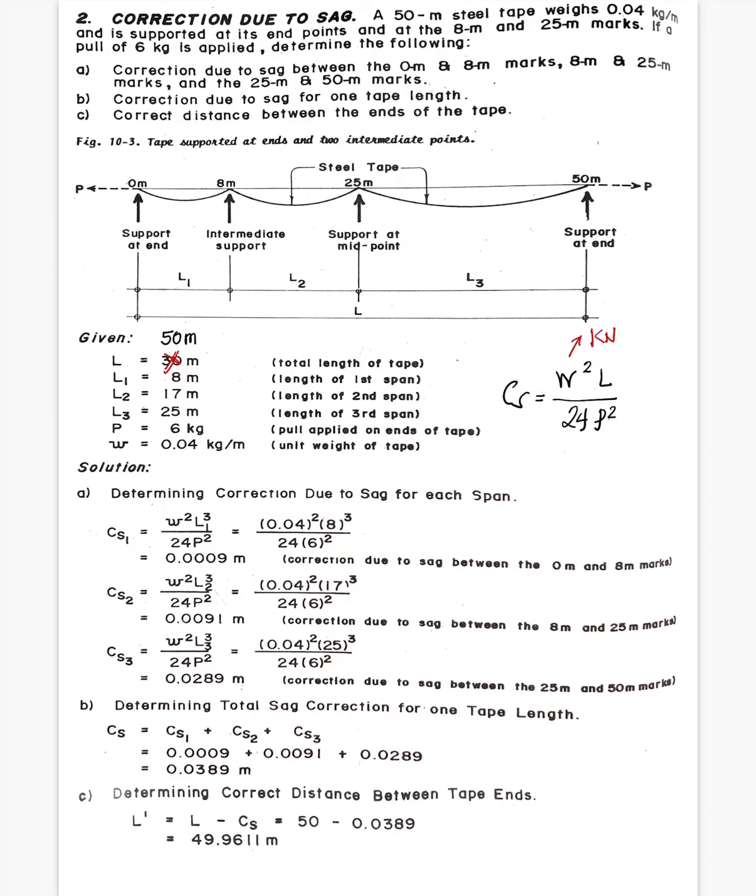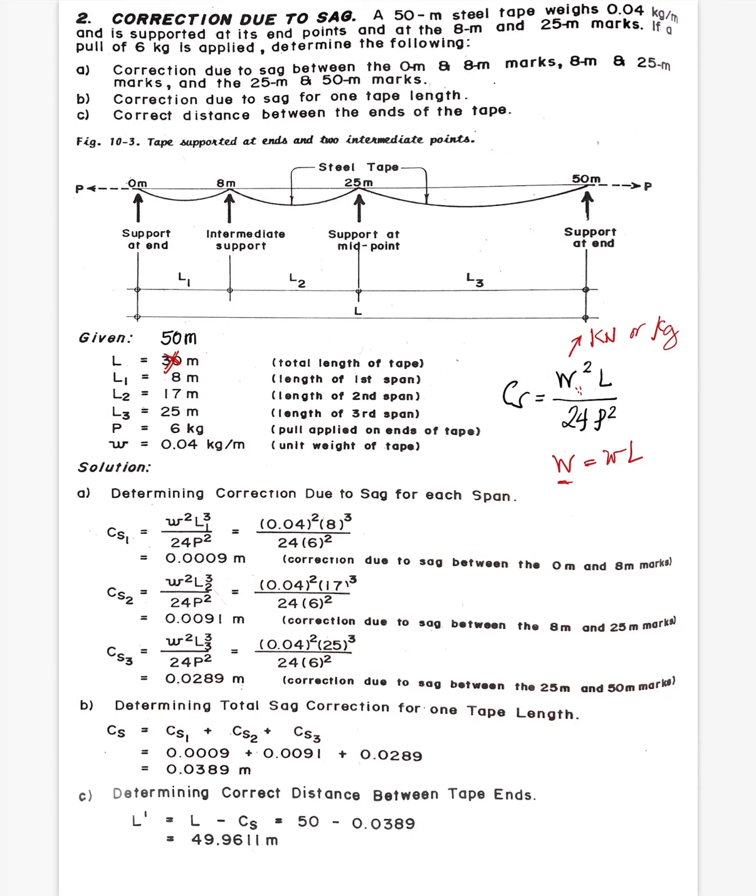Sometimes the given in the problem is in kilonewton or in kilogram. Okay? Since big W is equal to small w times L, instead of small w squared times L cubed, that is now big W squared.